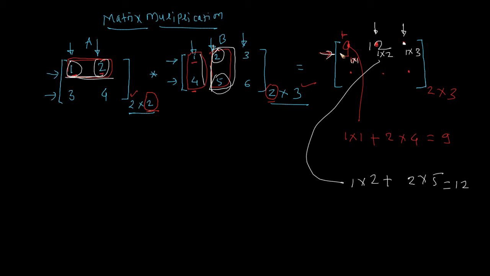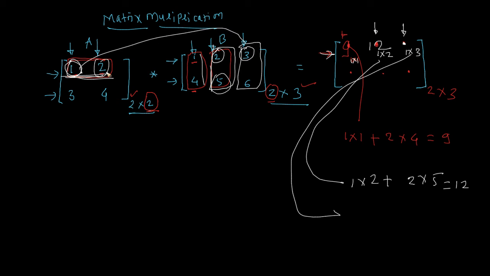So the first row of this multiplied with the third column of this. So first row, 1 into 3 plus 2 into 6, which is equal to 3 plus 12, that is 15. So this is 15. So you got here 9, 12 and 15.